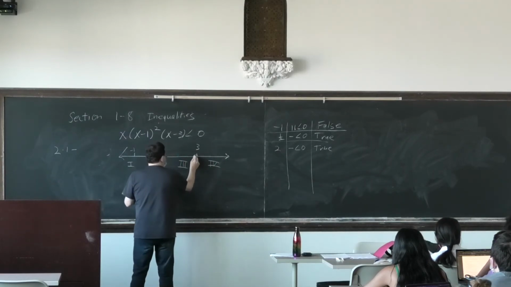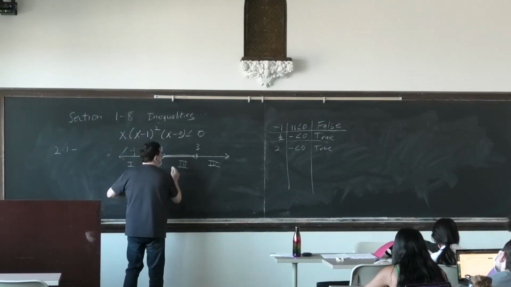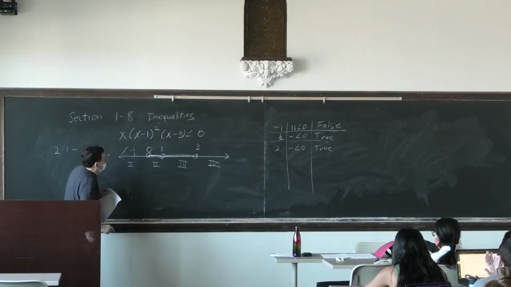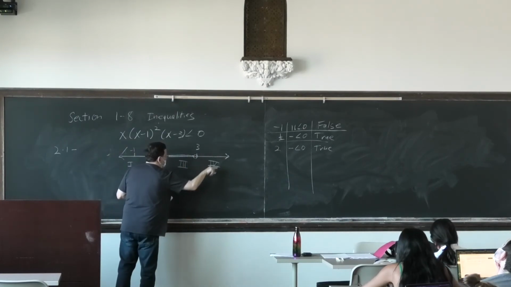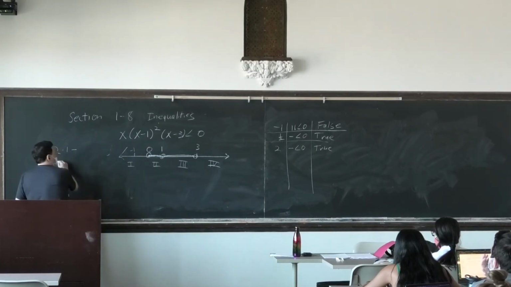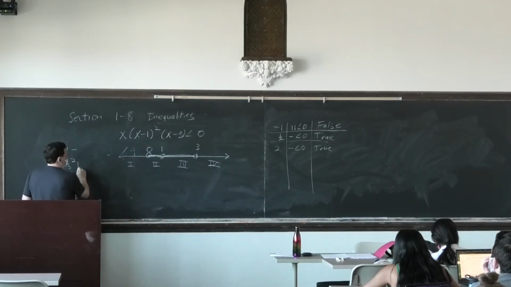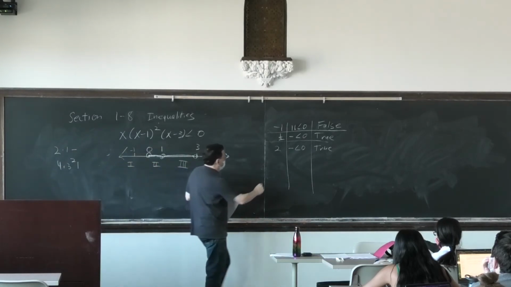So this area is also part of this. And finally, we can just try out here, try 4. So 4 times 3 squared times 1, well, that's positive, right?